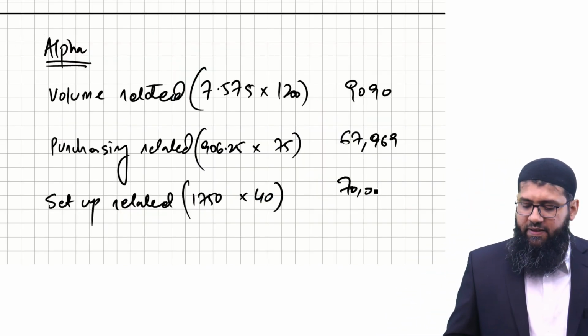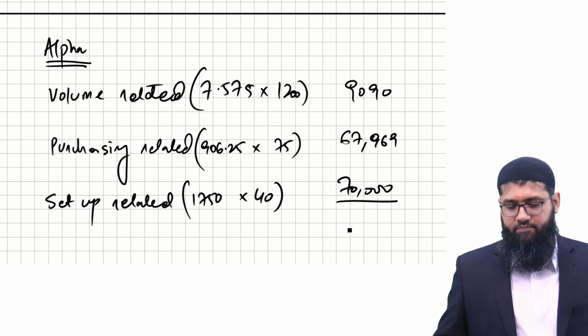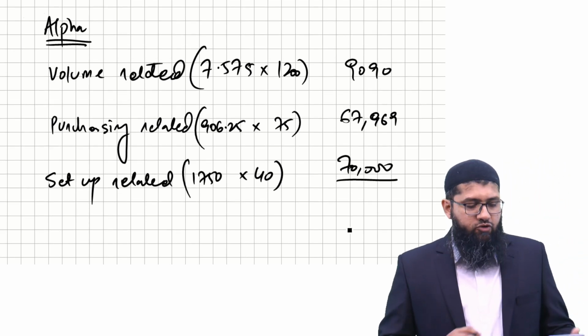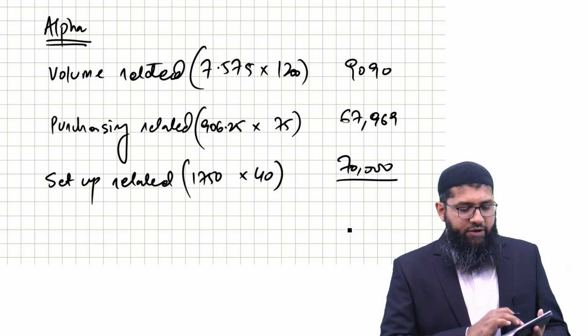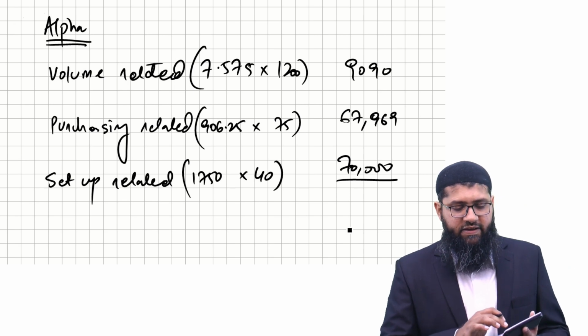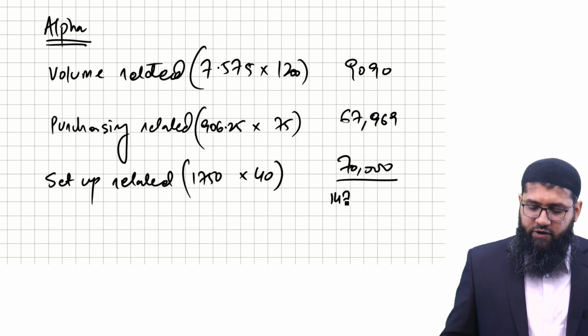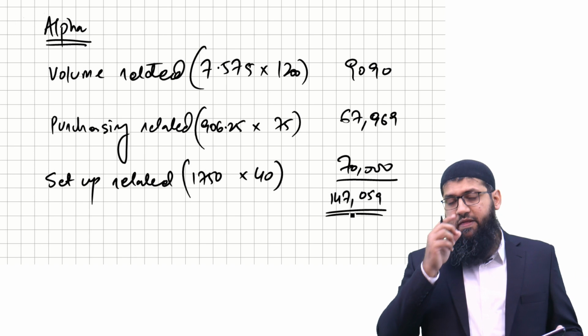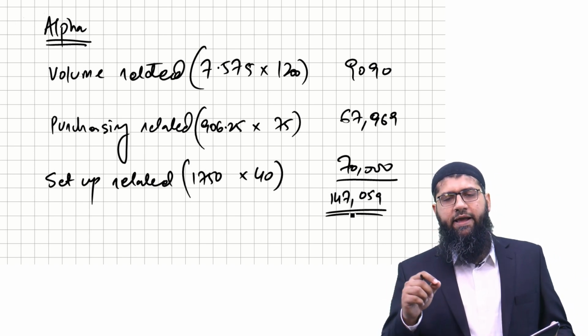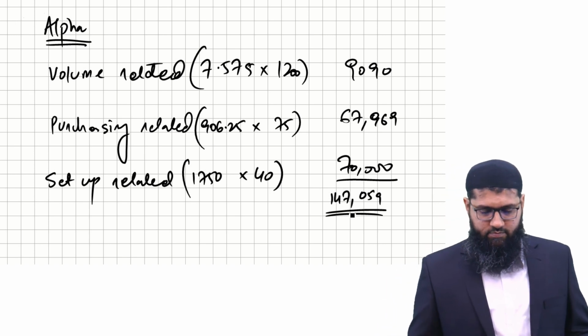Hence, it is gonna be 70,000. So basically what happens is that 9090 plus 67969 plus 70,000 gives you 147,059. This is the total cost that you are incurring for the product alpha.